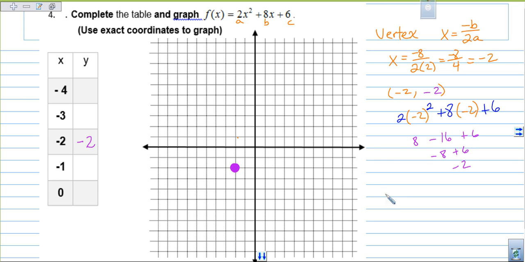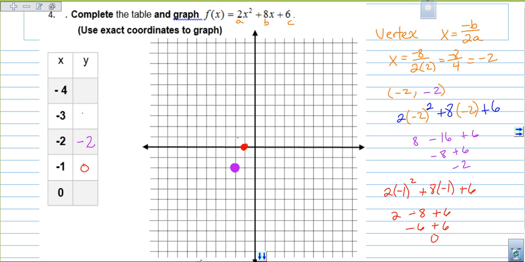And so I'm going to go 2 times negative 1 squared plus 8 times negative 1 plus 6. And so you get 2 minus 8 plus 6, so that's negative 6 plus 6, which is 0. Okay? And so I'm going to put a 0 for negative 1. And so if I come over, I go to negative 1, and then I go to 0. That's a dot right there.